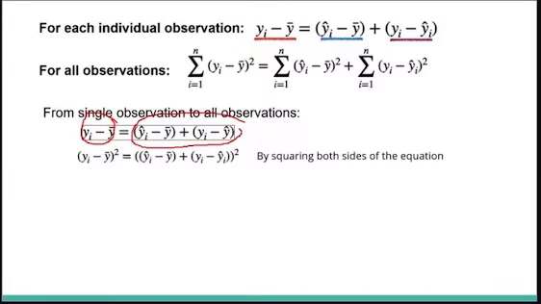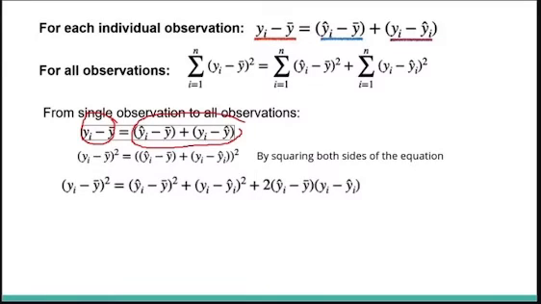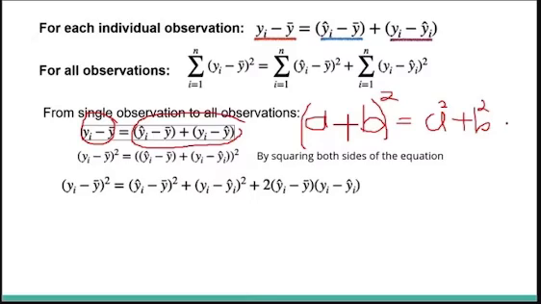Then after squaring, apply the laws of mathematics. You remember when I have (A plus B) squared? You know what that means mathematically? That's going to be A squared, plus B squared, plus 2AB.